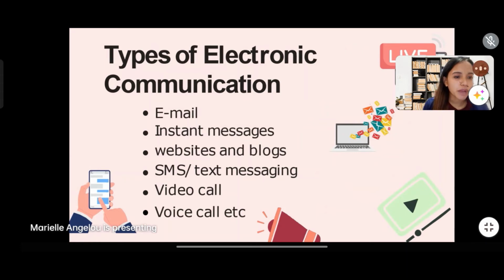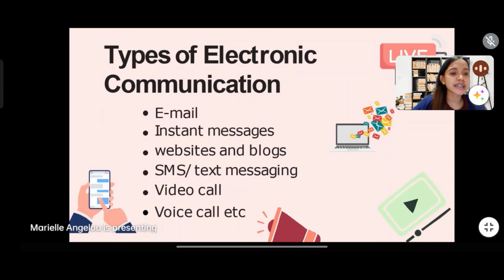Next, we have the websites and blogs. Websites pertain to places on the internet that we can search on. A website is a collection of web pages and related content that is identified by a common domain name and published on at least one web server.